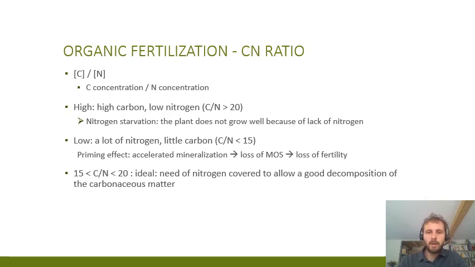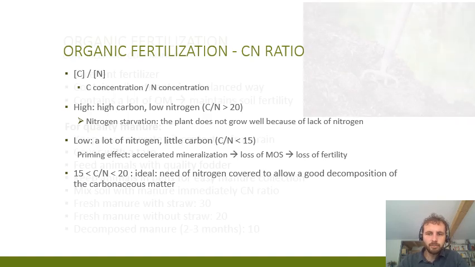Which is why in a fertilizer, ideally you would have a CN ratio between 15 and 20 in order to cover the need of nitrogen of the crops, and in order to also feed the soil with carbon and maintain its fertility.